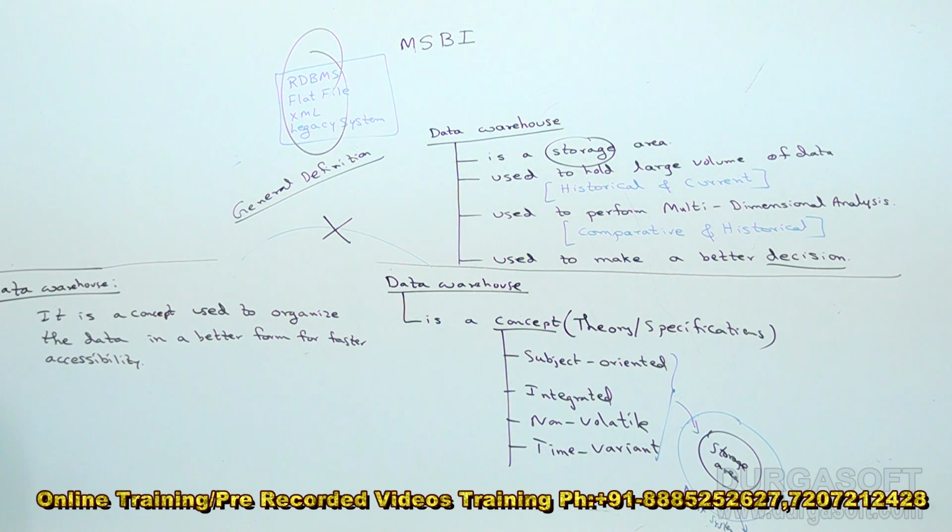So what is a data warehouse? It is a concept used to organize the data in a better form for faster accessibility.